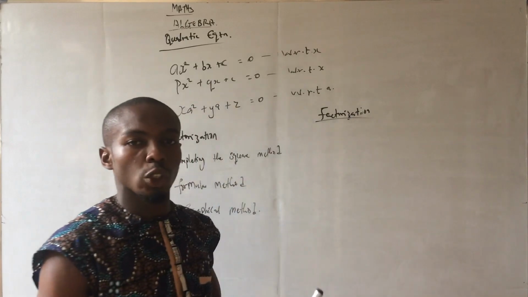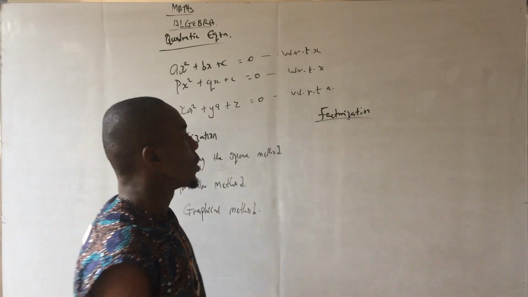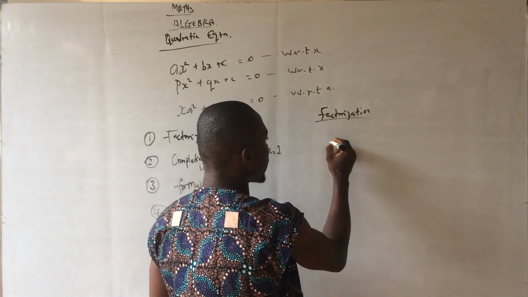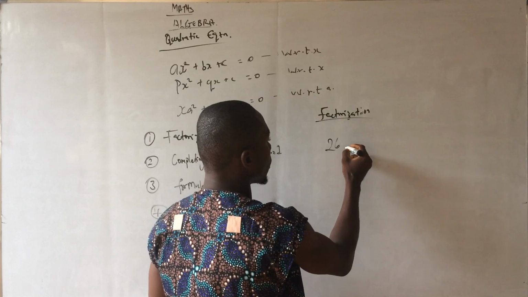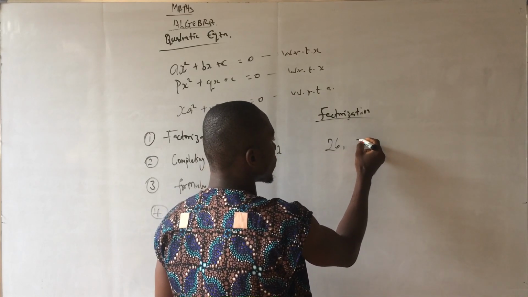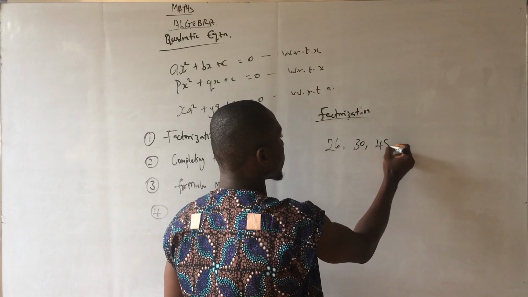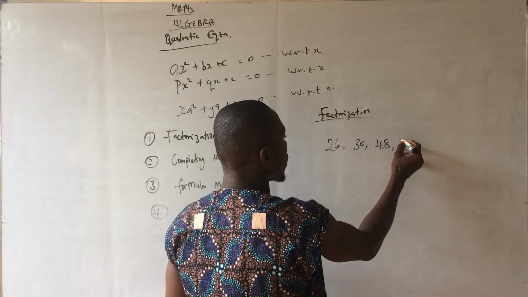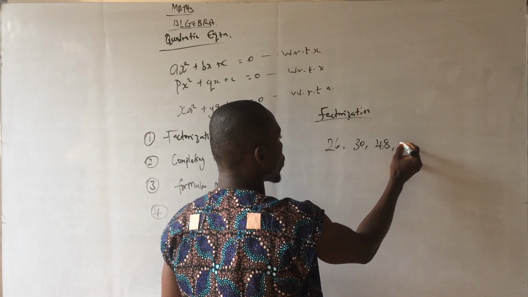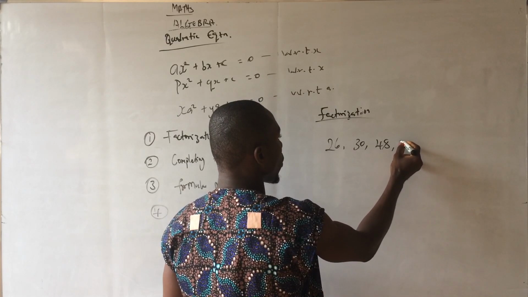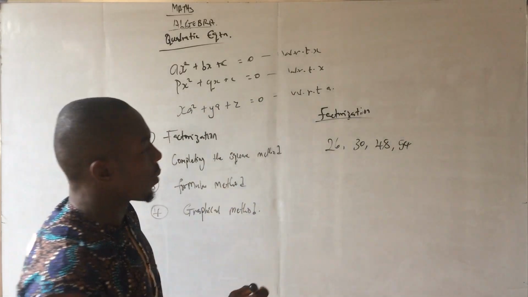So now, having understood what a factor is, we can now go over to factorization. So if we have, for example, 26 here, 30 here, 48 here, 52, 54 here. Now we want to factor out something.